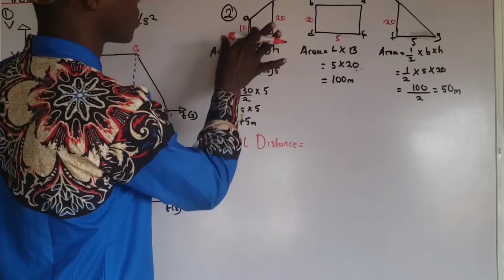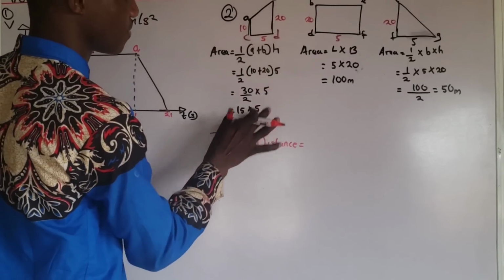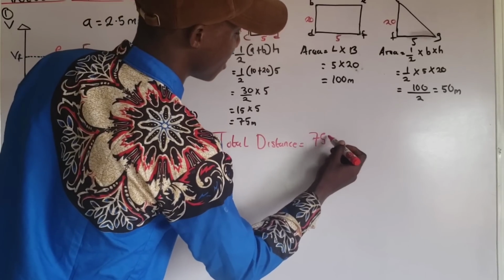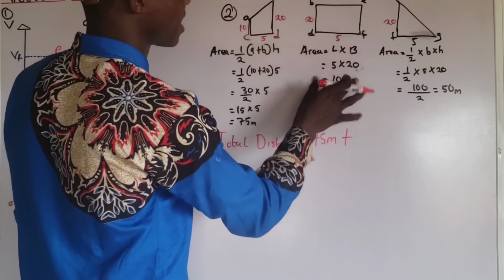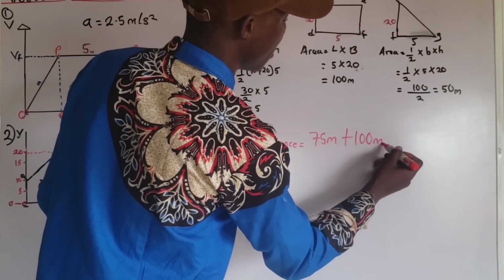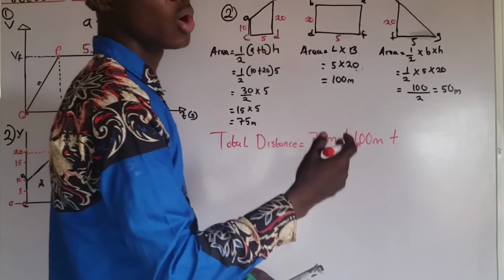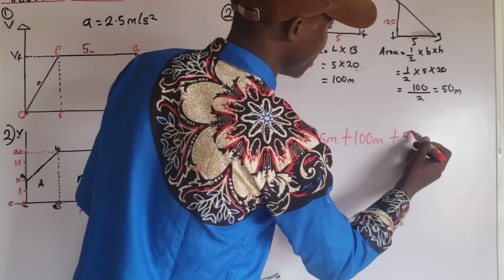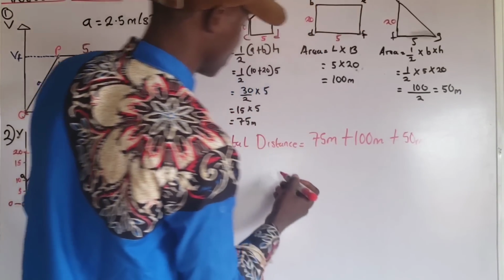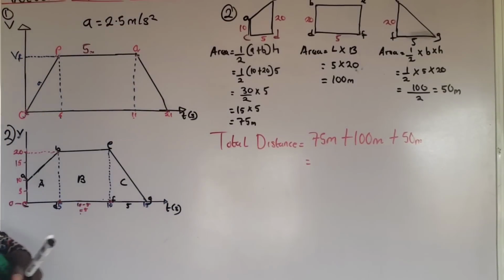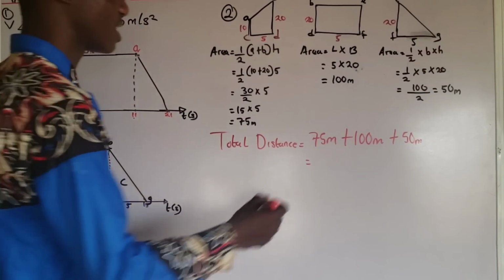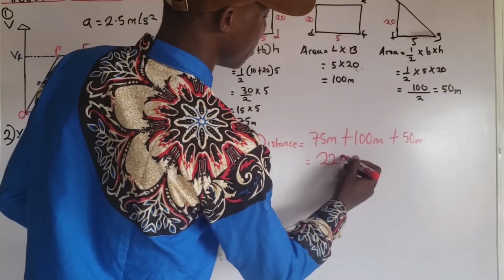We are going to have the area of the trapezium, which is 75 meters, plus the area of the rectangle, which is 100 meters, plus the area of the triangle, which is 50 meters. That will give us 225 meters. So the total distance is 225 meters.